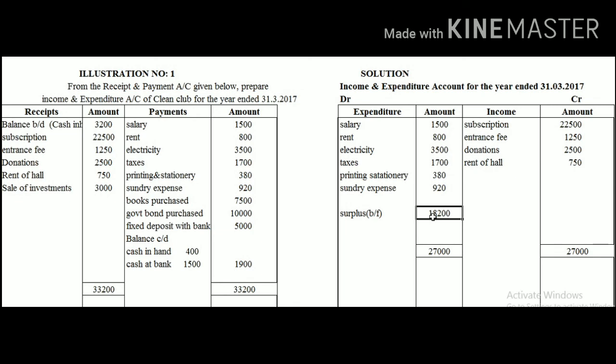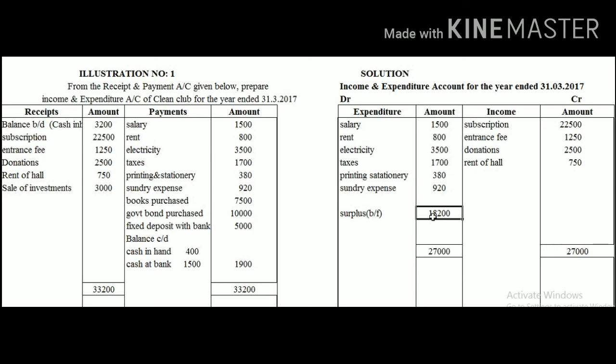So how to treat the subscription, entrance fee, rent, outstanding expenses and prepaid expenses in the income and expenditure account will be discussed in the next class onwards. How to calculate subscription and entrance fee, and what is the accounting treatment of subscription, entrance fee, donation and prepaid expenses, those areas we will discuss in the next class onwards.